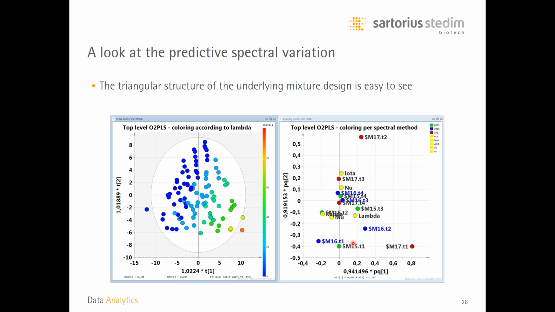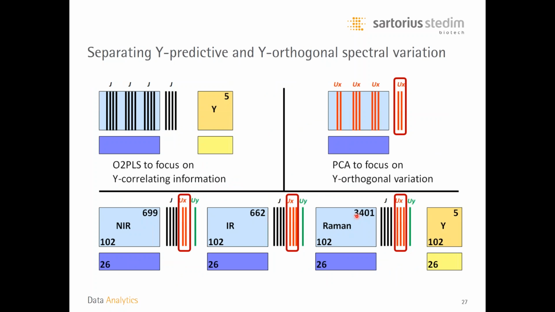And interestingly, if we just look at one particular block, we can see that the first score vector for the NIR data is very, very important for the iota constituent in an inverse manner. The second score vector of the NIR data is very much related to the kappa constituent. And the third score vector of the NIR model is very much correlated to the lambda constituent. And you can continue to work out such interpretations also for the other techniques.